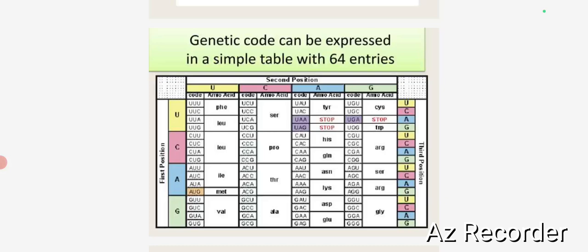For example, first position U, second position U, third position U, C, A, G. In this way we can get 64 codons.